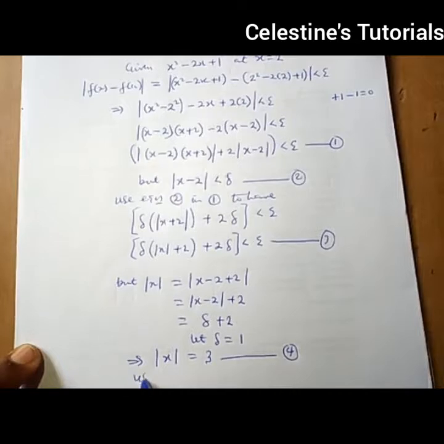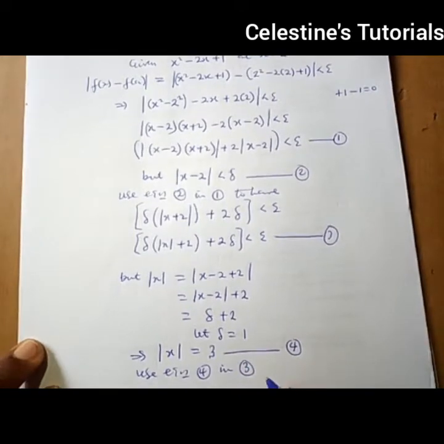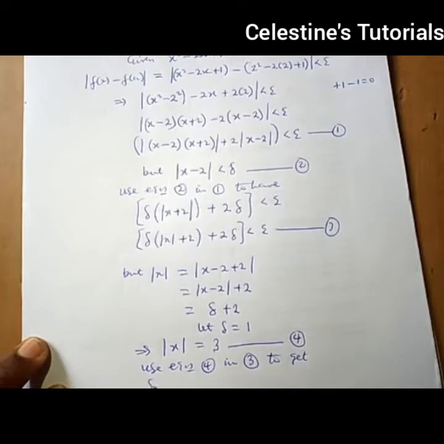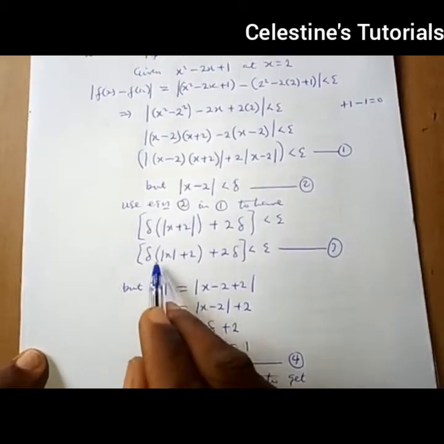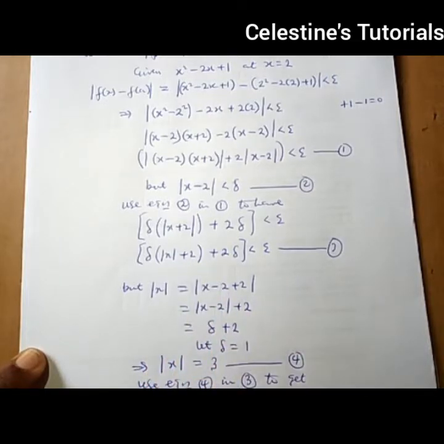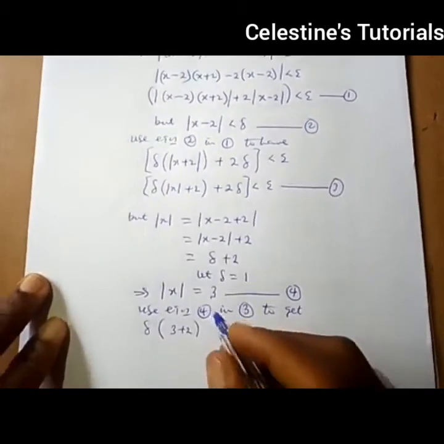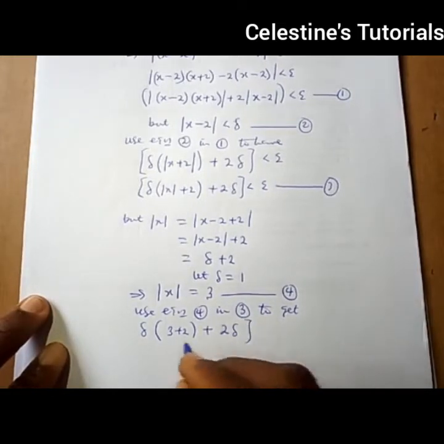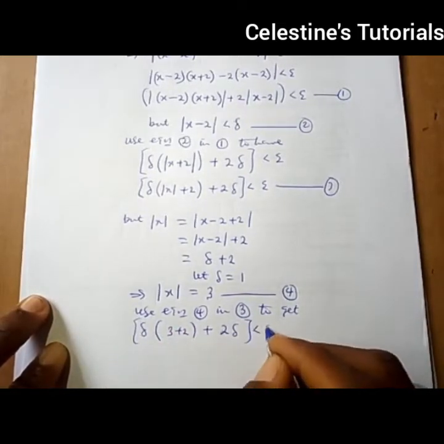Now use equation 4 in 3 to get delta. In equation 3 you have delta into absolute of x plus 2, where the absolute value of x now becomes 3. You now have delta into (3 plus 2) plus 2 delta less than epsilon.